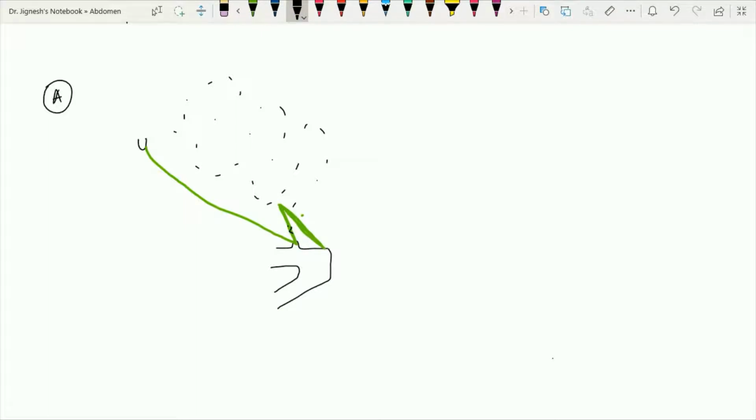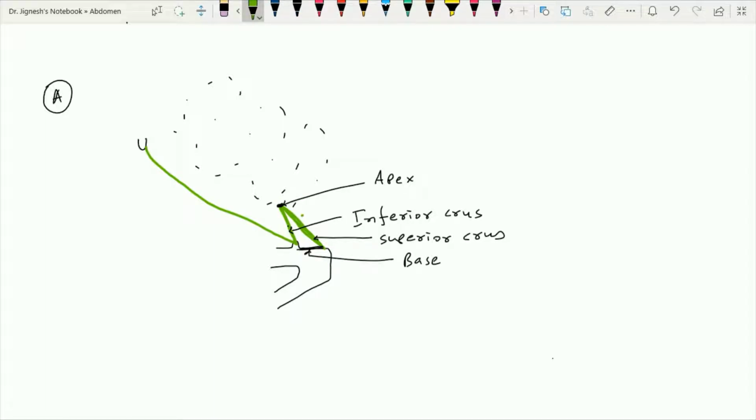And the superficial inguinal ring has one inferior crus which is laterally situated and one superior crus which is medially situated, and it has one apex and one base. Near the apex, both the crura of this superficial inguinal ring are strengthened by aponeurotic fibers, and these aponeurotic fibers are the intercrural fibers.